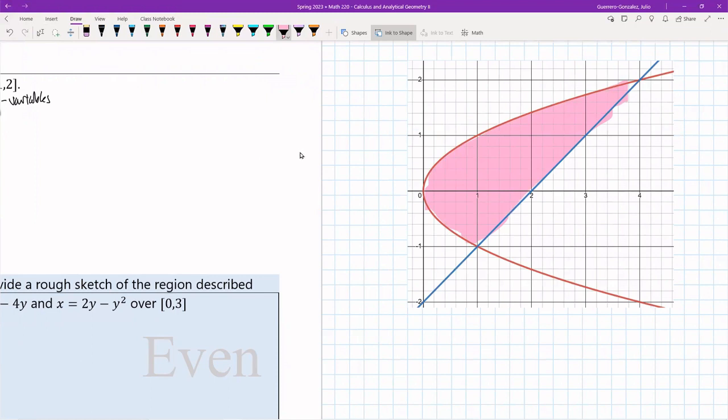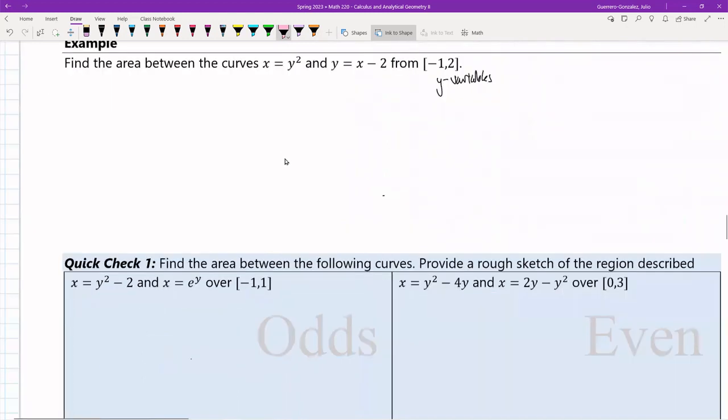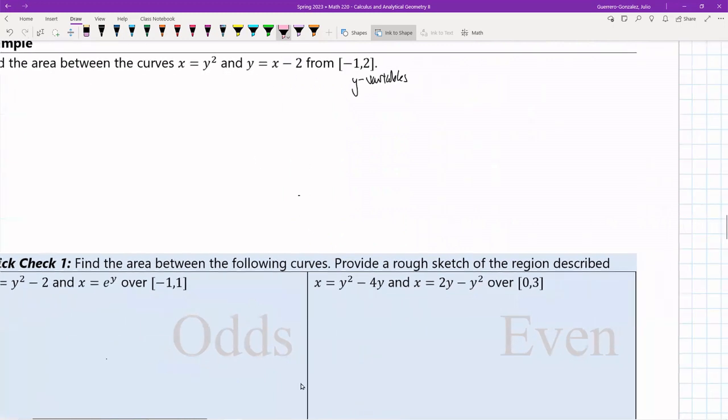Well, like I said, none of the theory changes. If we're looking at this, picture in terms of the y variable being the independent variable, then we can see the line is the top function, and the parabola is going to be the bottom function. So that's all that changes, really.